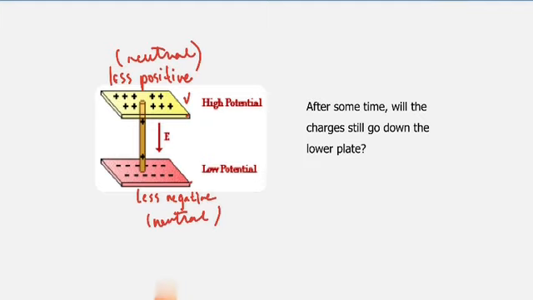That's the signal to you that there's actually no more potential difference between the two plates, because the charges don't have, quote-unquote, a reason, or you can say a motivation, to move from the upper plate to the lower plate. So when I say there's no more potential difference, what I mean is the potential between the two plates will now be the same. So there will no longer be movement of charges.